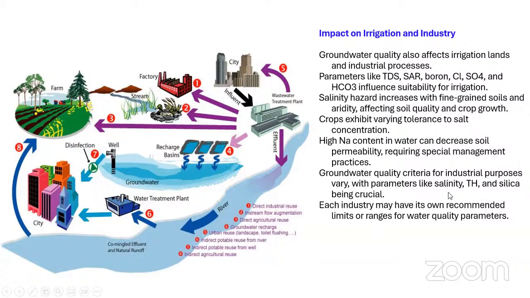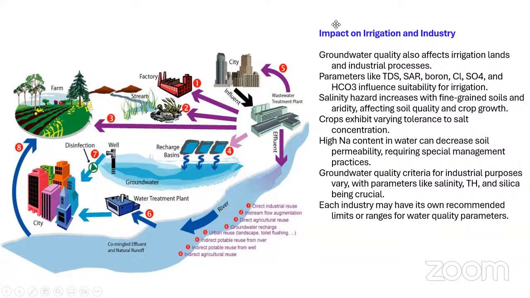In industrial purposes, they will check the salinity, total hardness, and silica percentage in the groundwater. In agriculture, they will check the total dissolved solids, SAR values, sodium absorption ratio values, boron, chloride, sulfate, and bicarbonate values. Each industry may have its own recommended limits or ranges for water quality parameters.